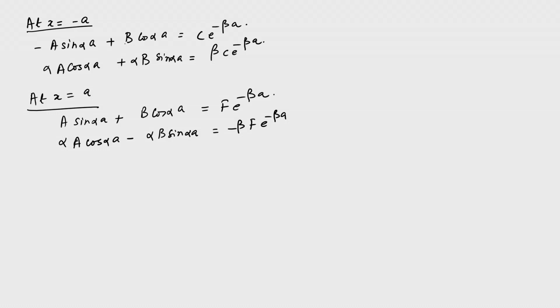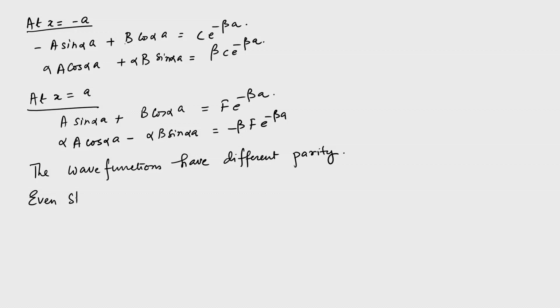And so the wave functions have different parity. So, the even states correspond to A equal to 0, B not equal to 0, C equal to F, that implies C equal to F, and it implies alpha tan alpha A equal to beta.